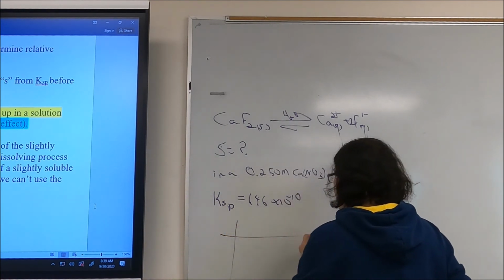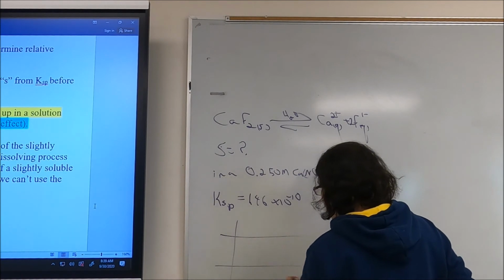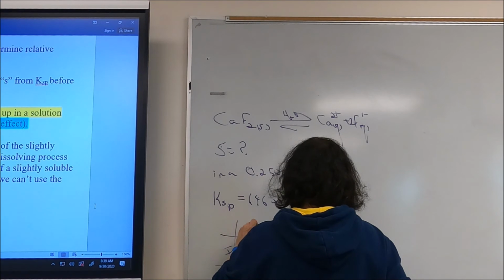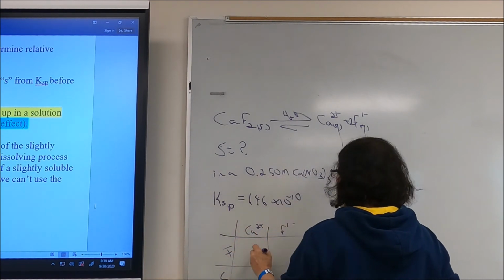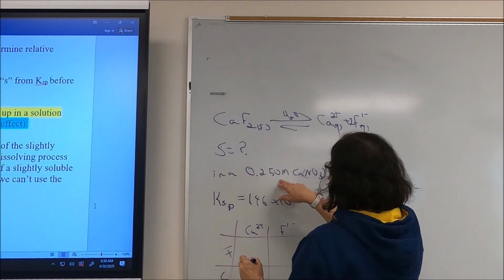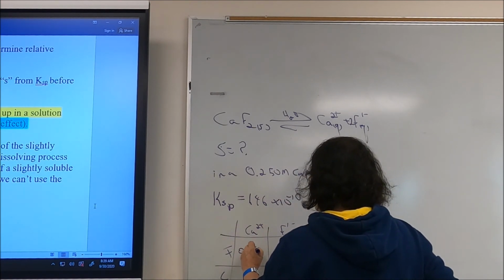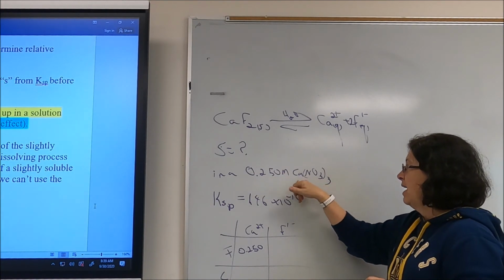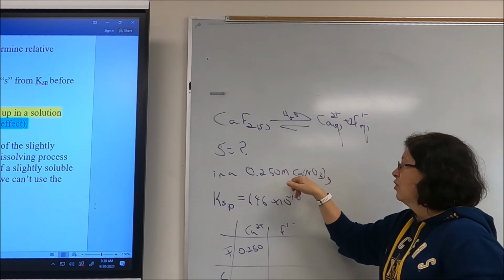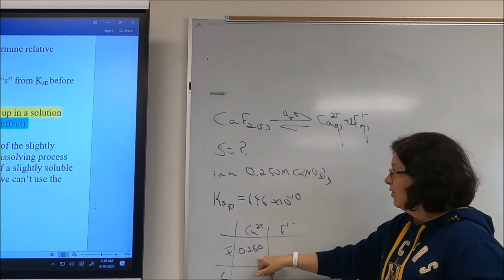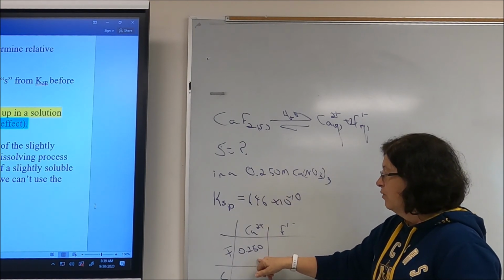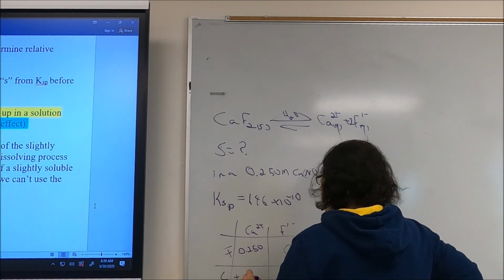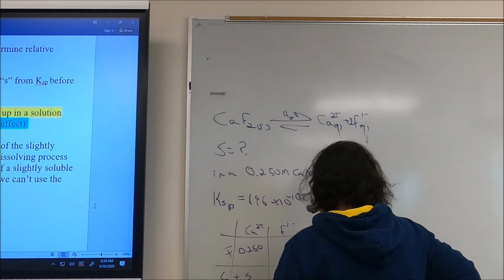Now, let's do our ICE chart. Calcium 2 plus, fluoride 1 minus. My calcium concentration initially is 0.250 because I'm dissolving in calcium nitrate, and for every calcium nitrate there's 1 calcium, so the concentration of calcium ions in there is 0.250. No fluoride ions to begin with. So I'd be plus S here, plus 2S.